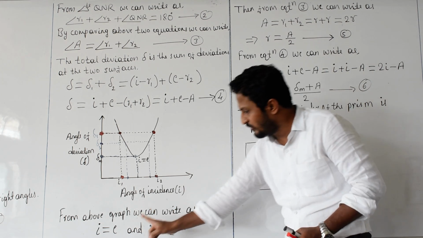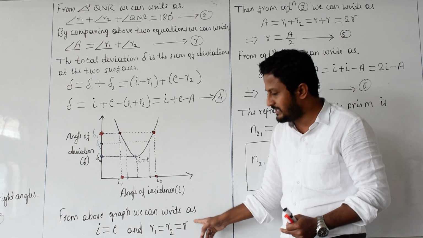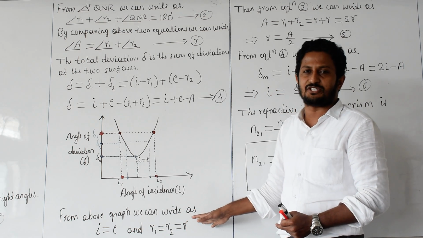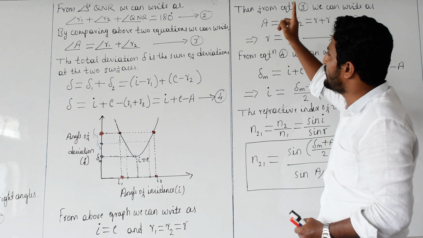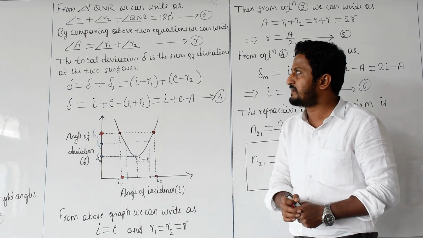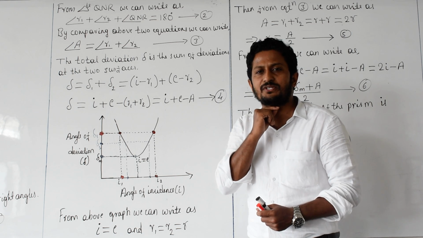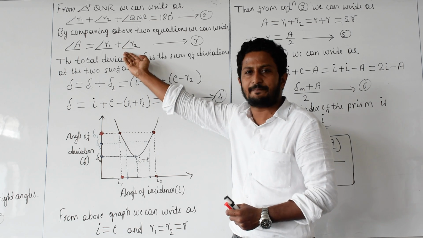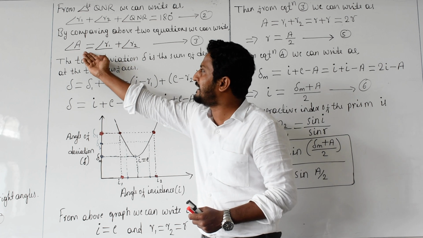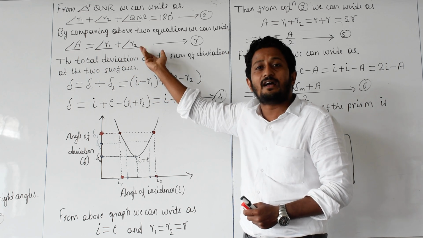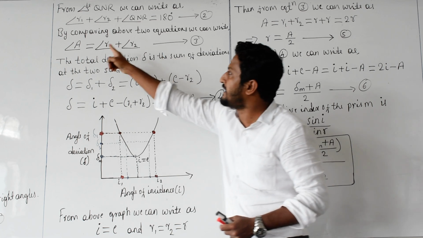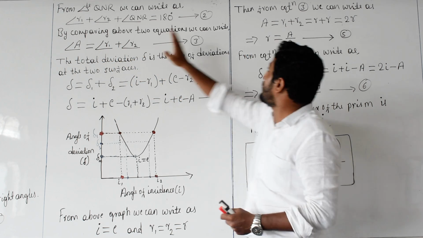Okay? Yes. Now go with the help of these two considerations. Then see here. From equation 3 we can write. What can we write from equation 3? Look at equation 3. That is telling angle A is equal to the sum of angles R1 and R2. Here A is equal to R1 plus R2.